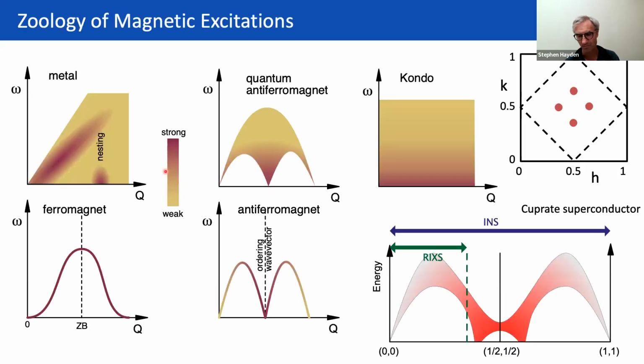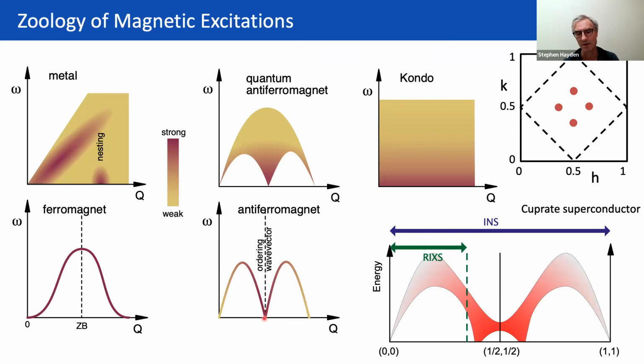So I've added the cuprates to my zoology of spin fluctuations. The parent compounds of the cuprates are antiferromagnets. So they have a dispersion like this, with the strongest spin fluctuations near the ordering vector of the antiferromagnet.